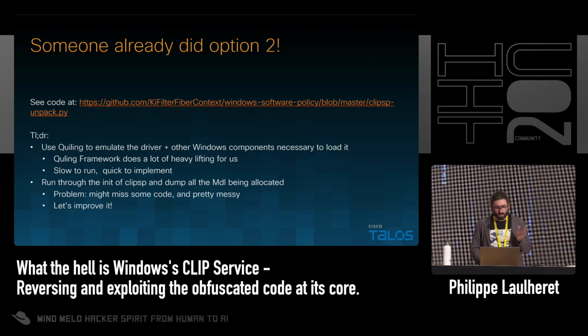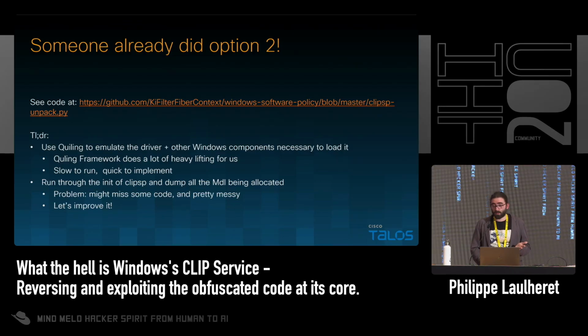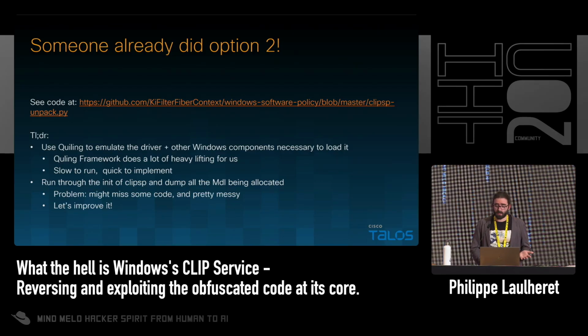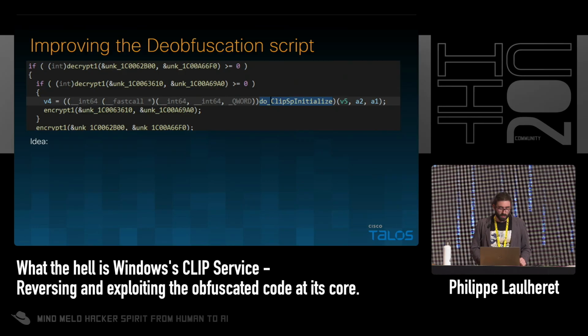That person had no documentation on that script, so I'm not exactly sure what the intent was, but I think the point was executing an initialization function and then dumping everything that gets modified, which is not exactly what I wanted to do, so I went on to improve the script.